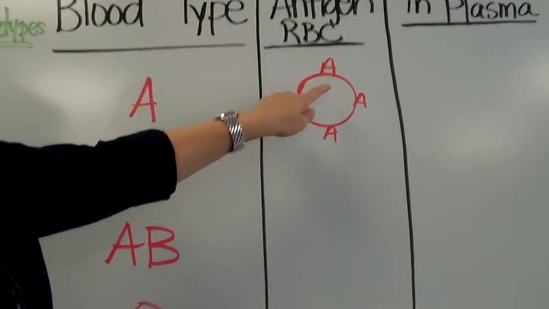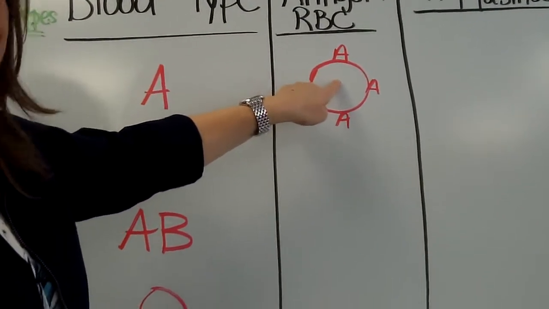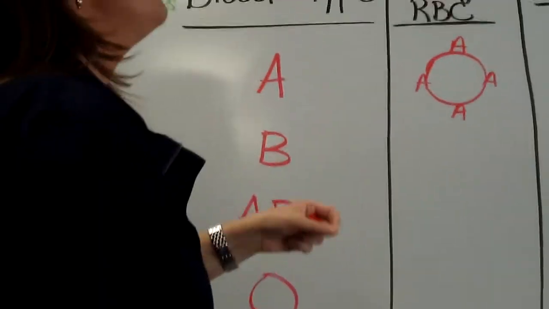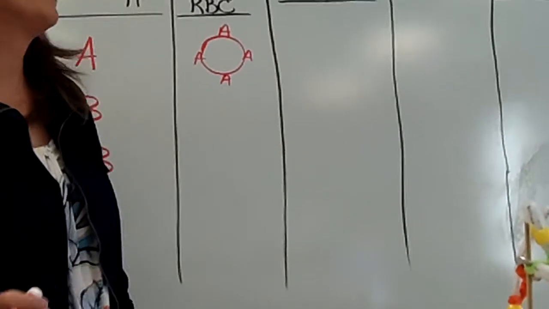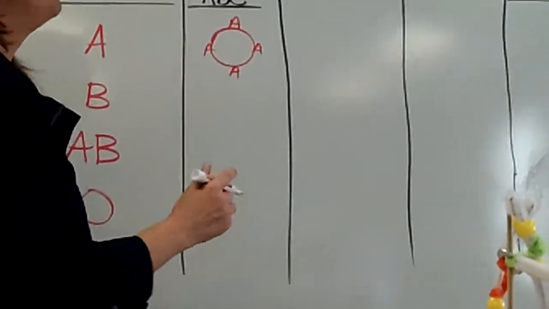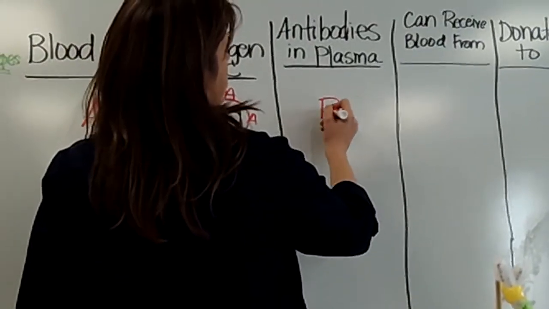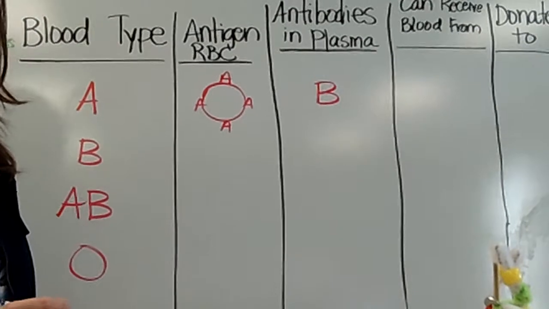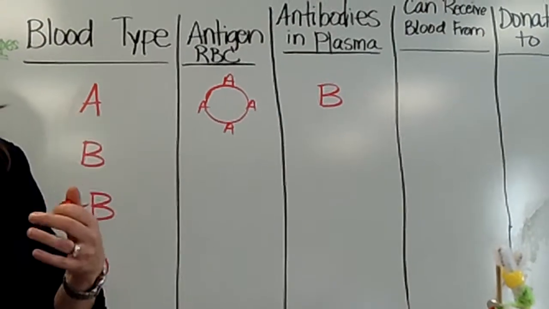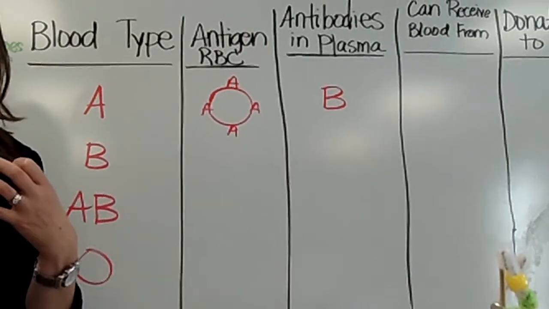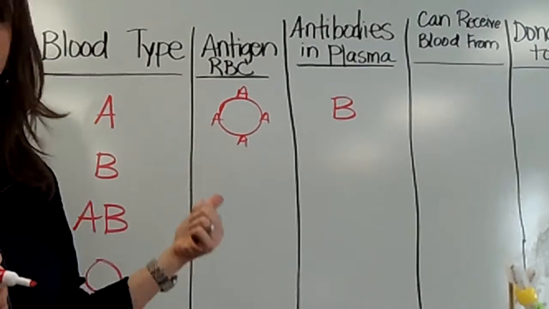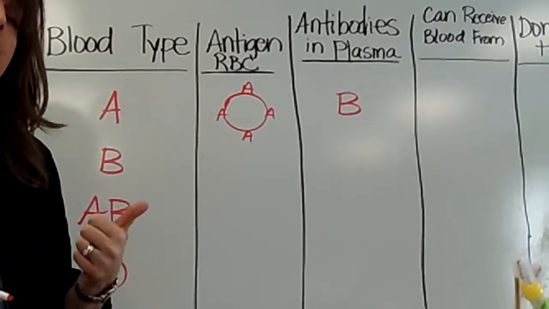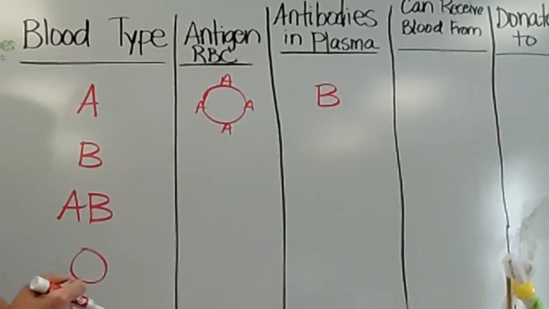When you have type A antigens on your red blood cells, then inside your blood, in the plasma, you make antibodies against B's. So you make B antibodies, because your genetics has decided that your blood does not want to see any B's in there. You can only have the A antigens, okay?